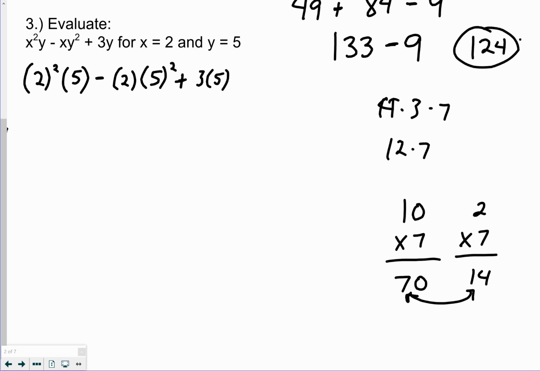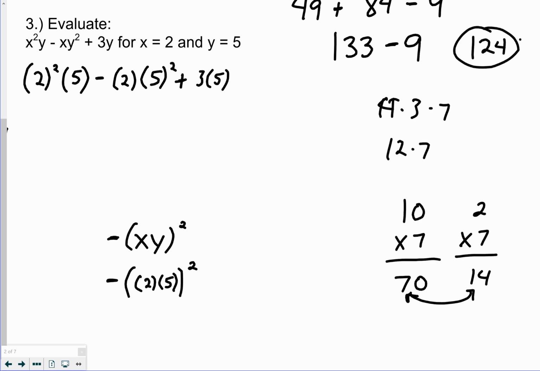Okay, so look, in xy squared, only the y is being squared. If this had said minus (xy) squared, then it would be in the parentheses, 2 times 5, all of that squared. But only the y is being squared here, so that's why it's only the 5. I think that's what your brain is asking, right?